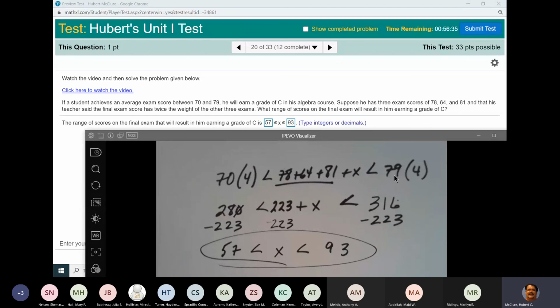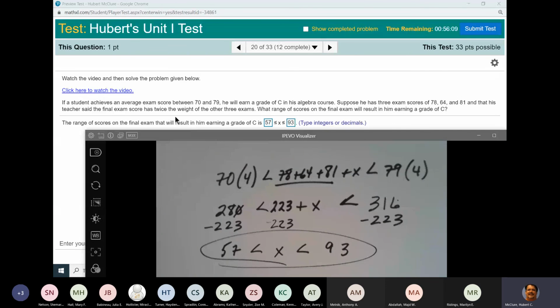Somebody multiply 79 times 4 for me. What do you get? 316. Okay, and 70 times 4 is 280. Somebody subtract 280 minus 223. 57. And 316 minus 223. 93.